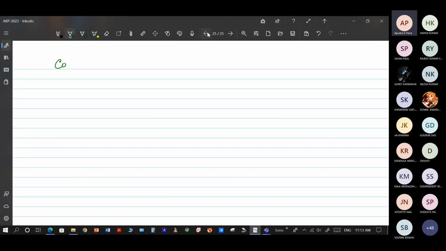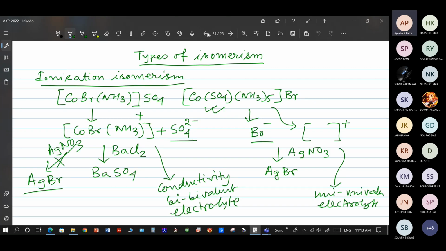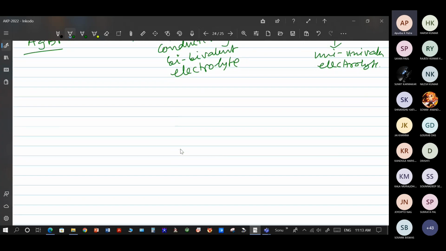Here is another example. This is cobalt Cl2, then NH3 whole 4, and NO2 was outside.